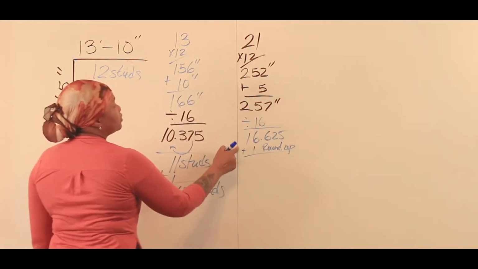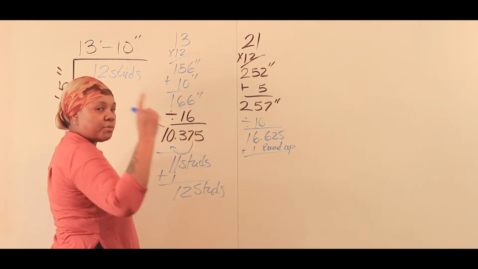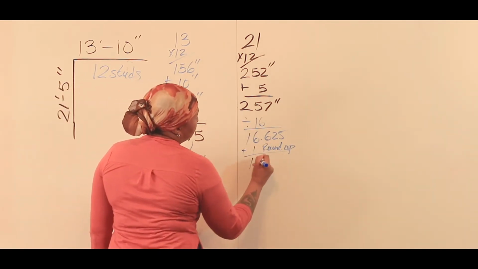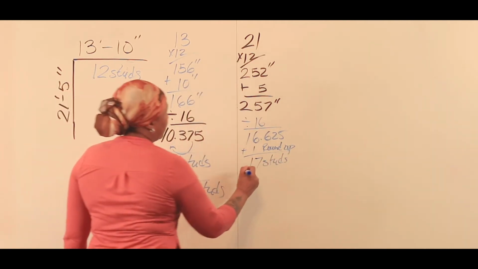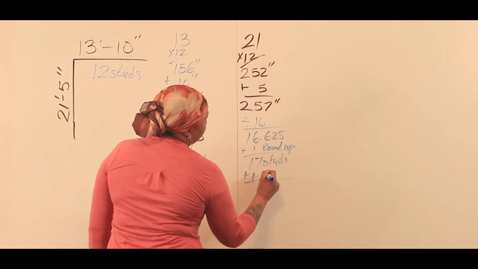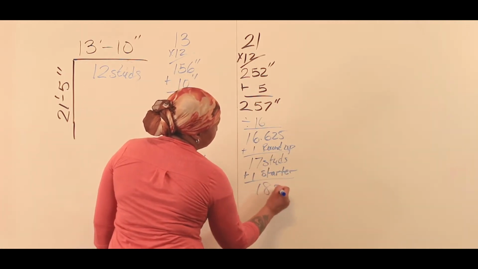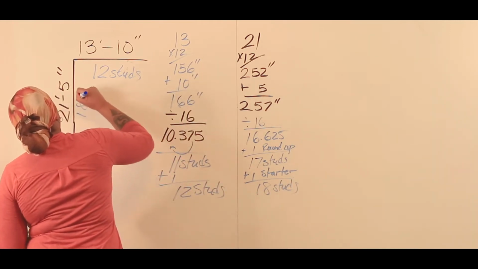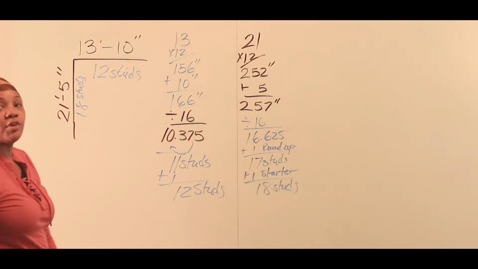Any change tells me we need a whole other stud, because if you're buying material, you have to buy that whole stud. So now we've got 17 studs, and then we add one for the starter stud. We would need 18 studs for this wall. Again, we're just talking about a freestanding wall.